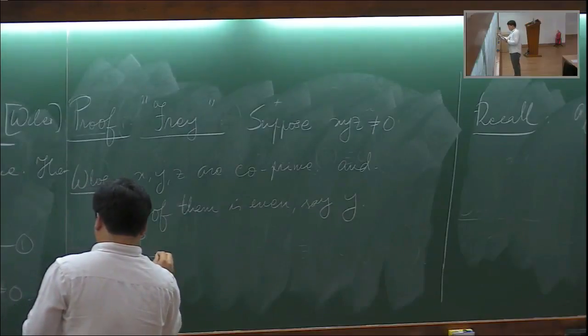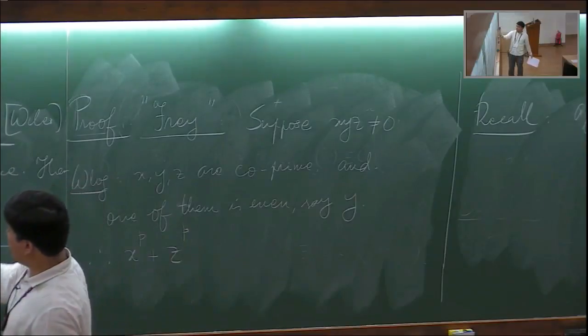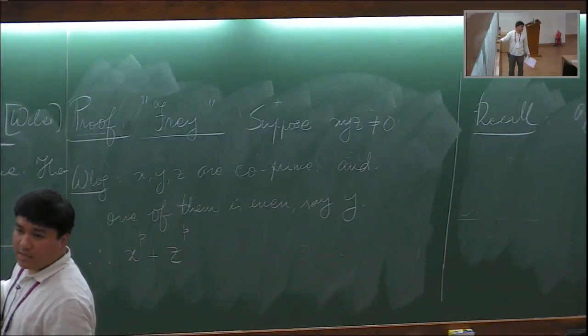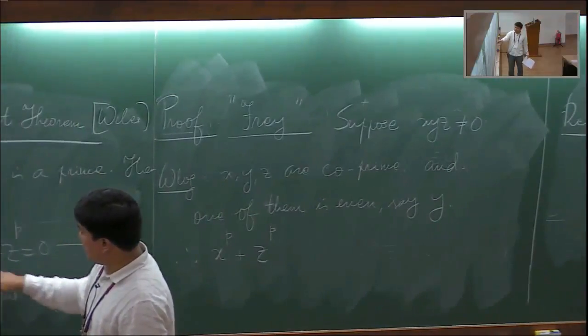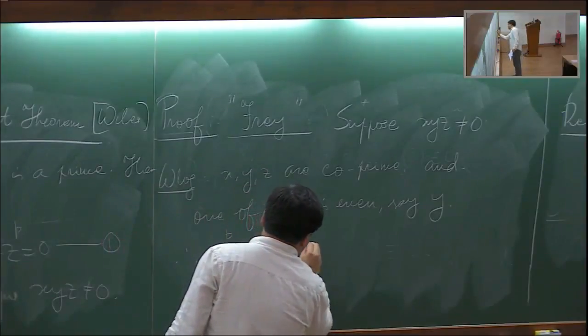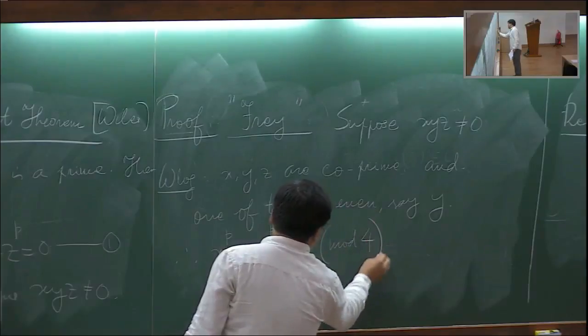x to the p plus z to the p. My p is bigger than or equal to 5, so there will be a 4 appearing here at least, right? So if I go mod 4, then this will vanish, and then I will be left with x to the p plus z to the p. So this is congruent to 0 mod 4, right?